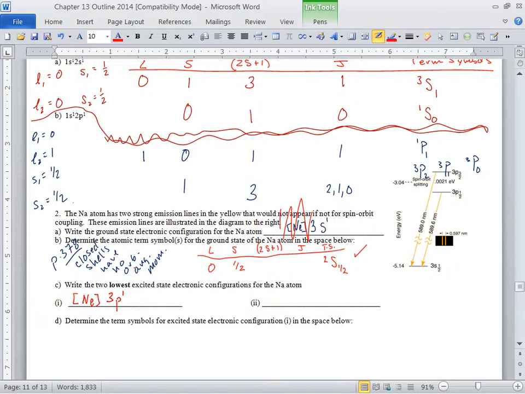Yeah, so think of it as in what order are we filling those hydrogenic orbitals, right? So what's after 3p? It'd be 4s. That should be the next one. So we'll do the exact same thing, neon, but now we'll write 4s1.